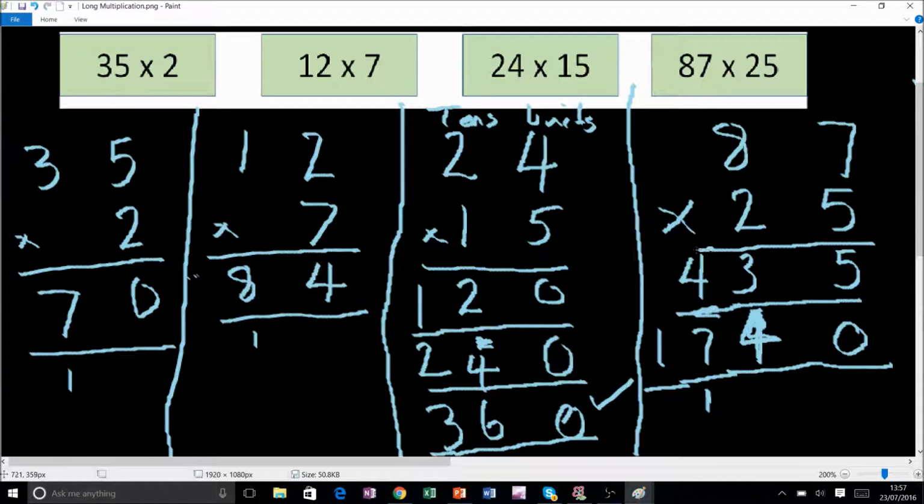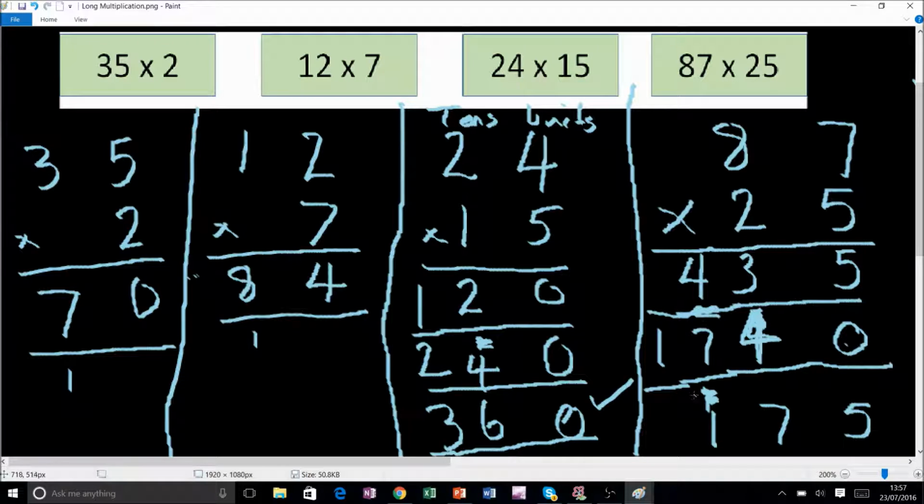Now basically what we do, guys, is we just add as we go down. So we've got the 5 plus the 0 gives us 5. We can scribble that out since we've used it. 3 plus the 4 gives us 7. And 4 plus the 7 gives us 11.